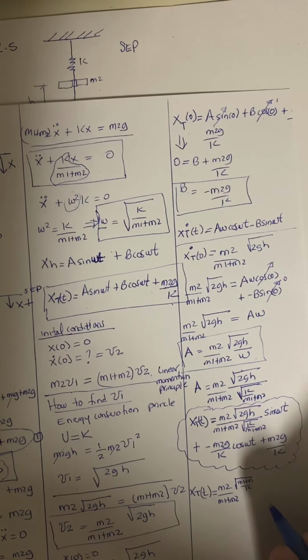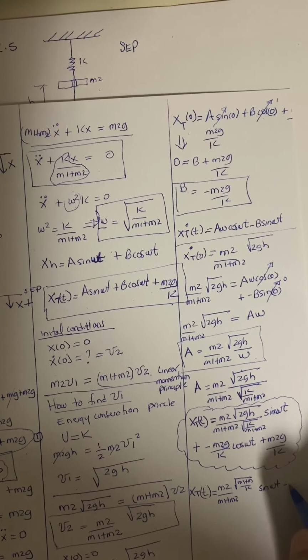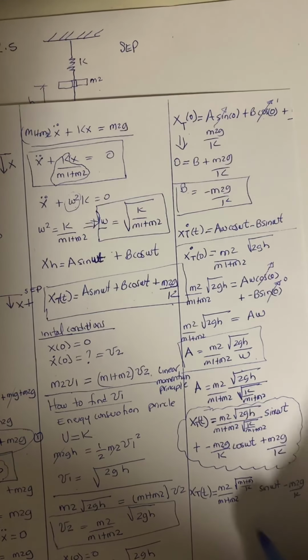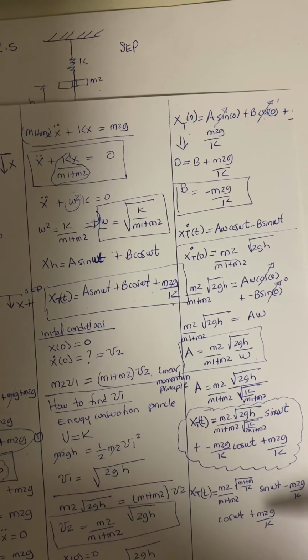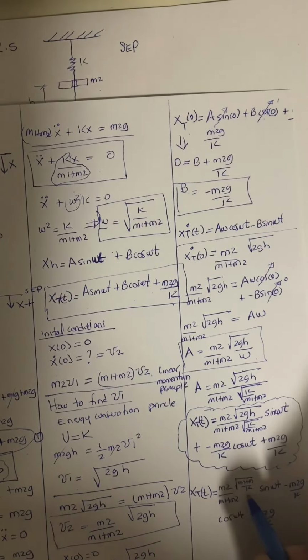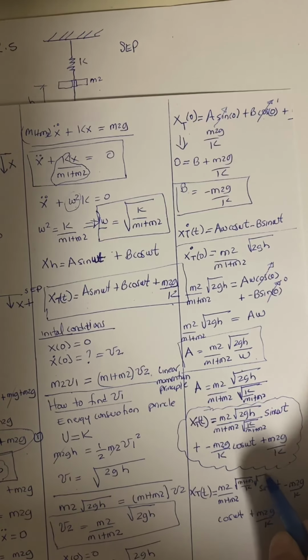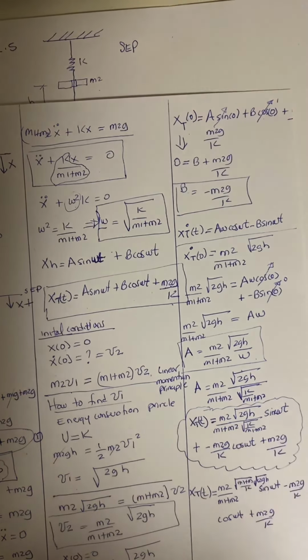And that will have the sine wt minus m2g over k cosine wt plus m2g over k. And that would be the solution for that equation. So I'm missing something here. Multiply by the square root of 2gh in this term.